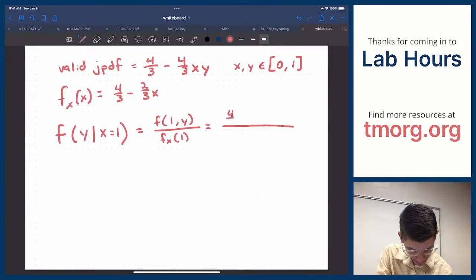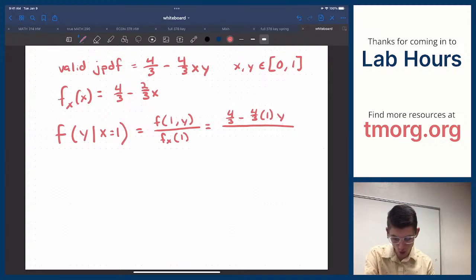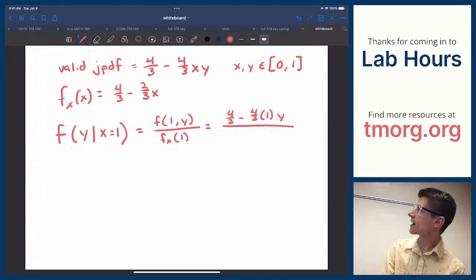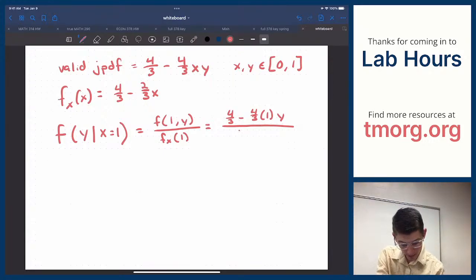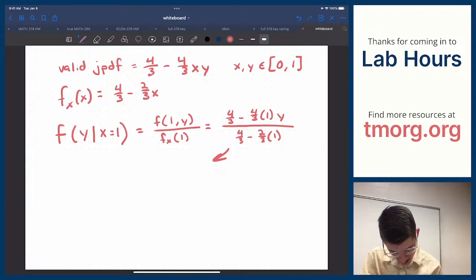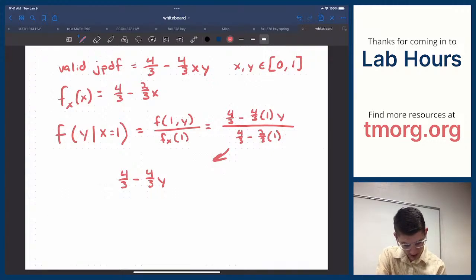So on the top, I have 4/3 minus 4/3 times 1 times y. Over, on the bottom, I'm plugging 1 into this f_X of x, which means on the bottom, I get 4/3 minus 2/3 times 1. I solve that out. On the top, I have 4/3 minus 4/3 y. On the bottom, I will have just 2/3.